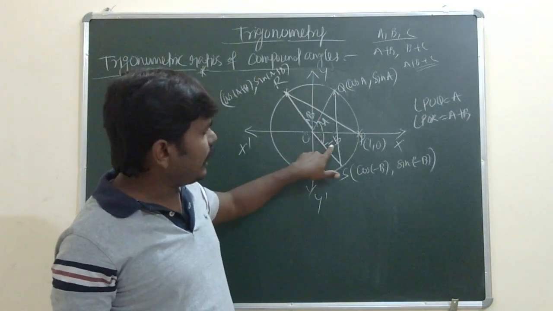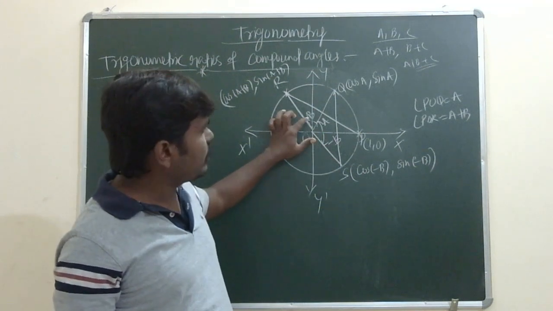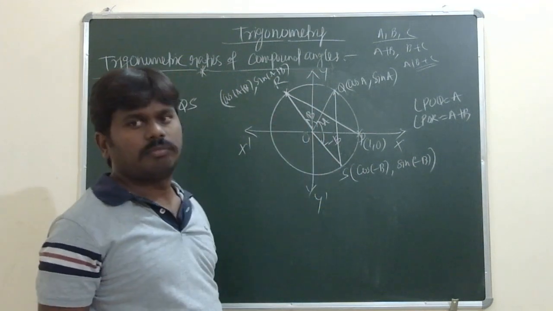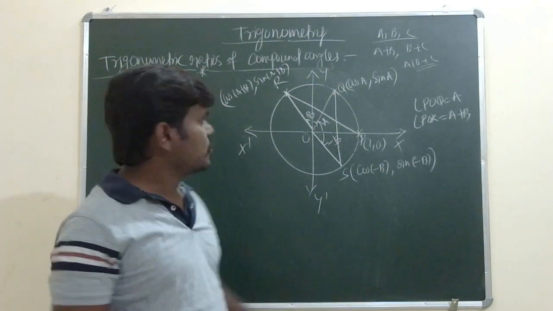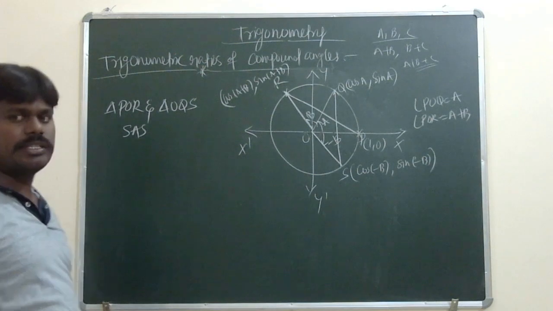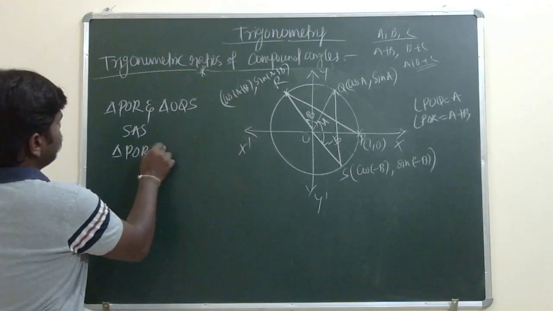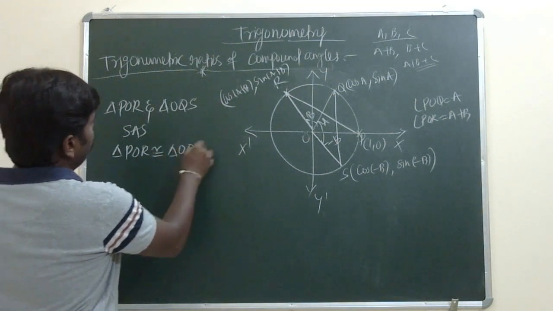Though it is negative, the measurement of this is equal to the measurement of this, meaning the angles are same. So by using the side angle side congruency criterion, we can say that triangle POR is congruent to triangle OQS.